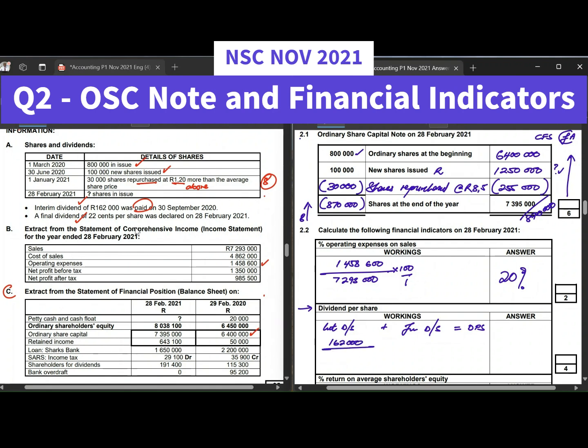Then I divide that by the number of shares that were in issue on 30 September. How many shares were there? On 1 March, we had 800,000. On 30 June, we issued 100,000 new shares. And then in between June and January, before the repurchase, that's when we paid the interim dividend. That means we had 900,000 shares.